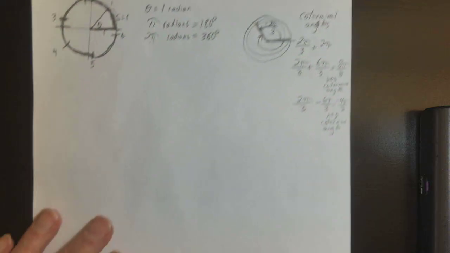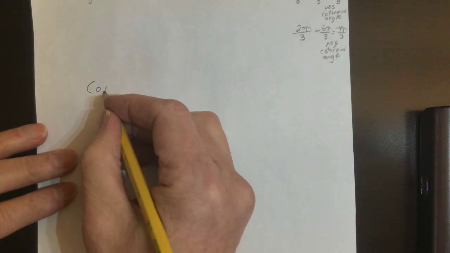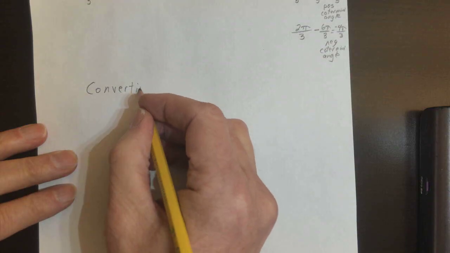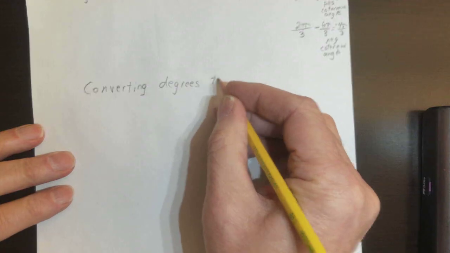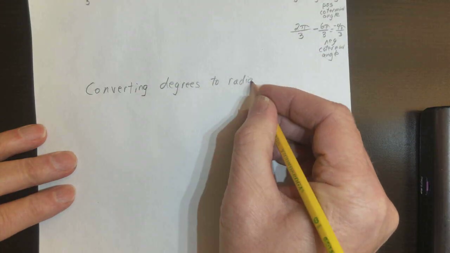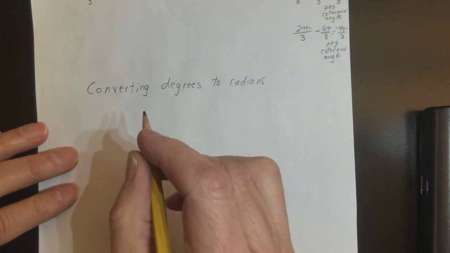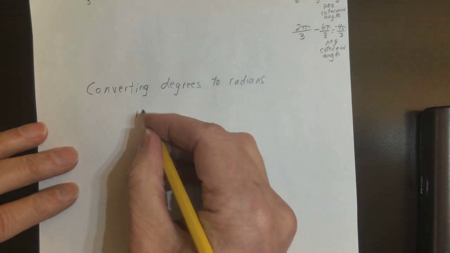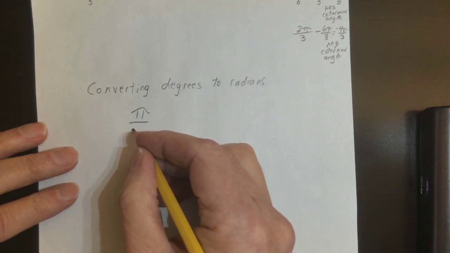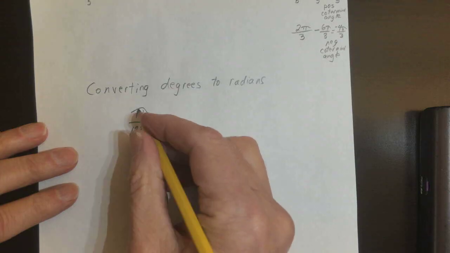Now, the other thing we did was converting degrees to radians. So if I'm converting degrees to radians, this ratio, pi radians is equal to 180 degrees.